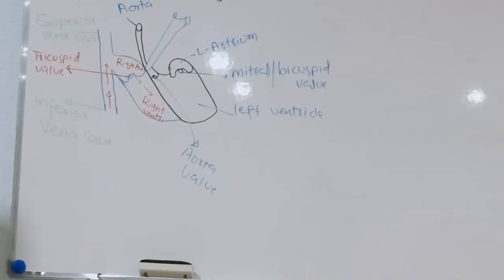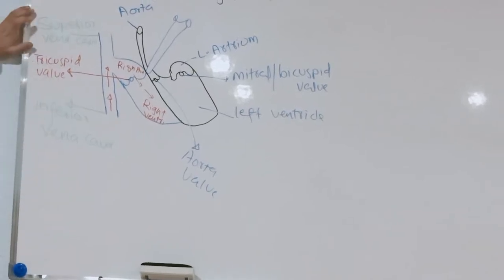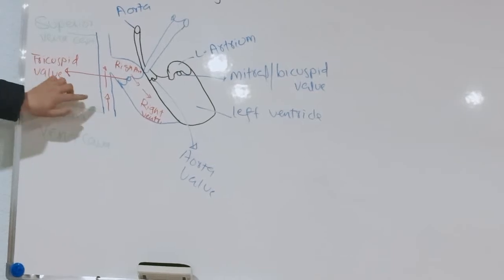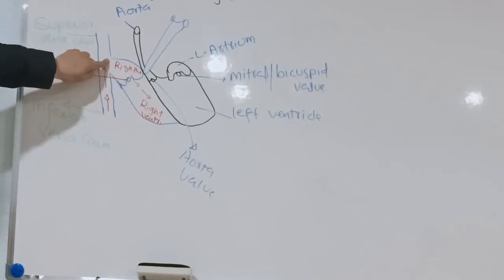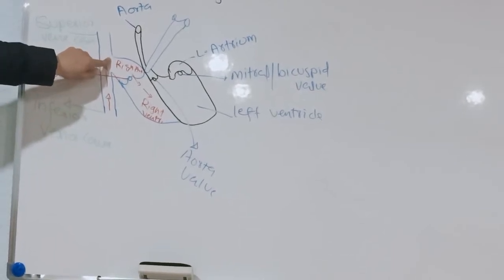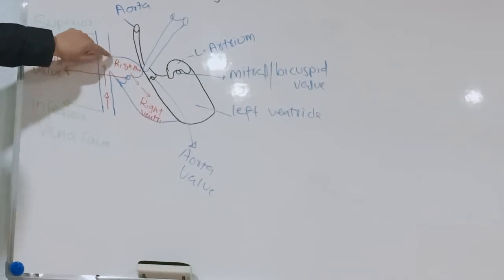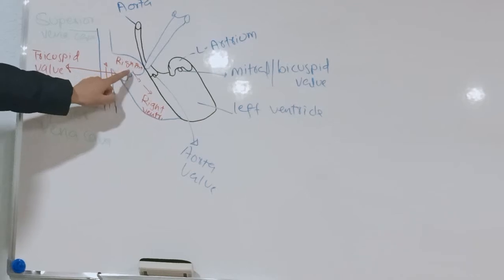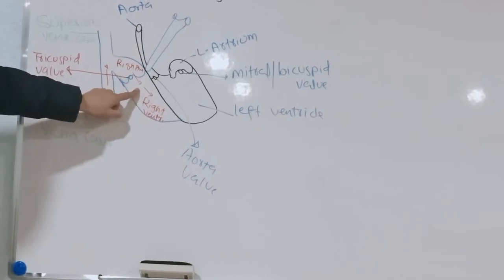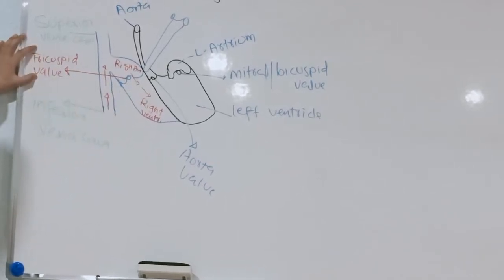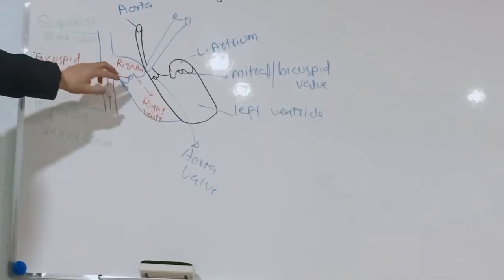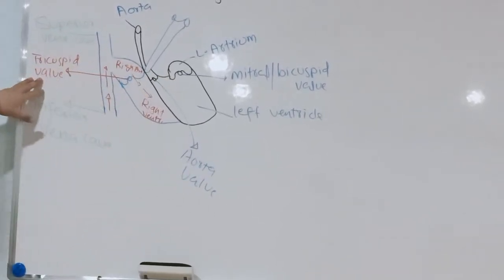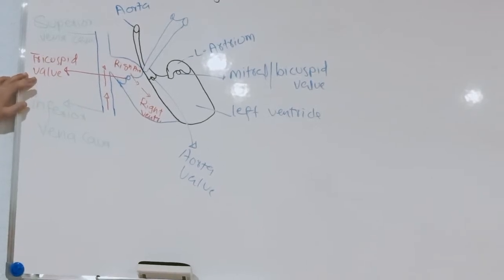Now see that process again. From the superior vena cava and inferior vena cava, the blood enters the right heart, into which portion? Into the right atrium. From the right atrium, the blood enters the right ventricle through which valve? Through the tricuspid valve. Why is it called the tricuspid valve? Because it has three leaflets or three cusps.